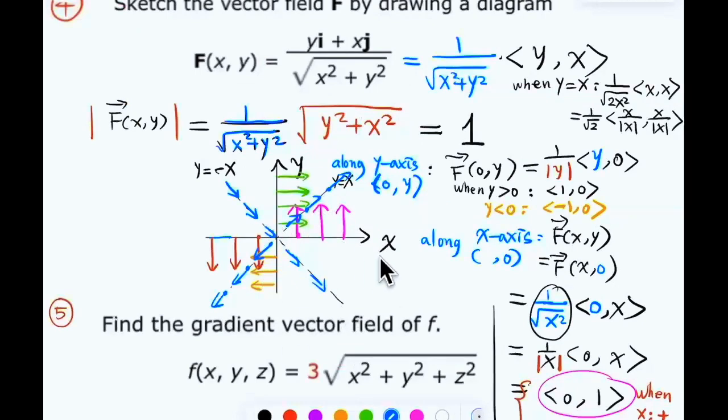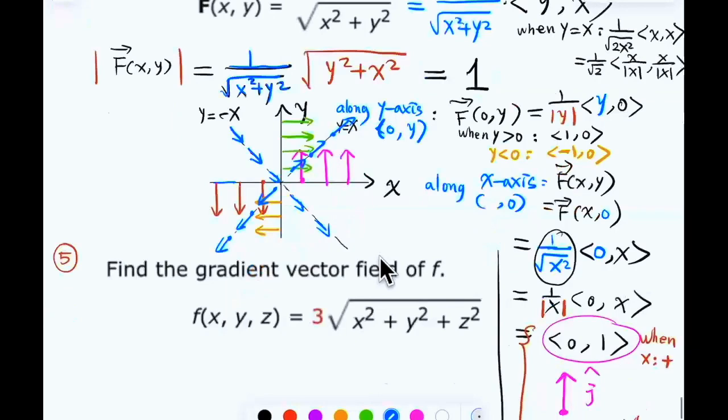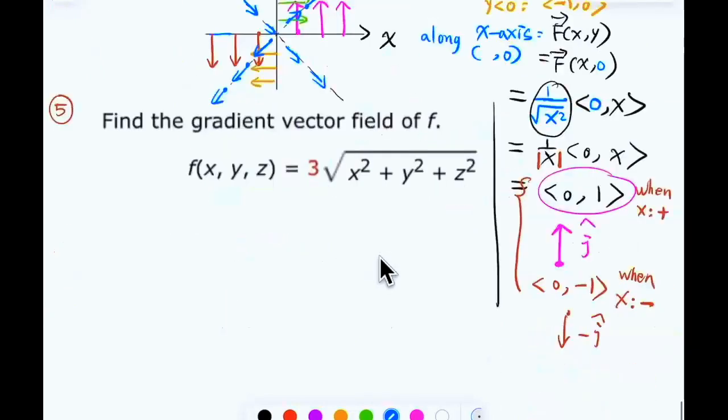Okay, you can see that one. All right. Let's try the last one over here. Can you find the gradient vector field of this f? How do you find the gradient vector field of a small f? You take the partial derivatives, right? You guys try first. So the first component, take the partial derivative with respect to x.